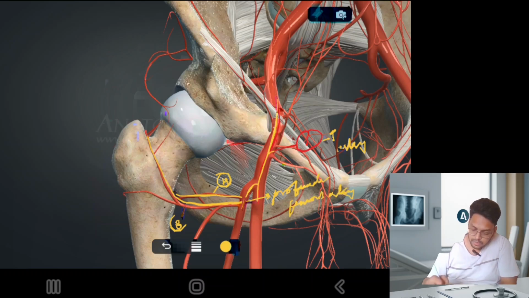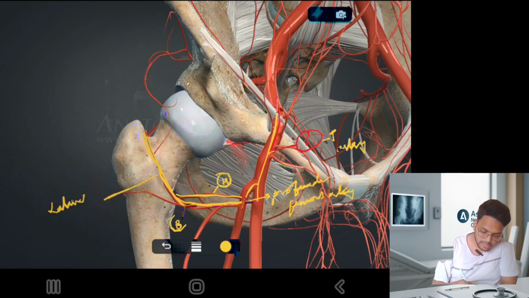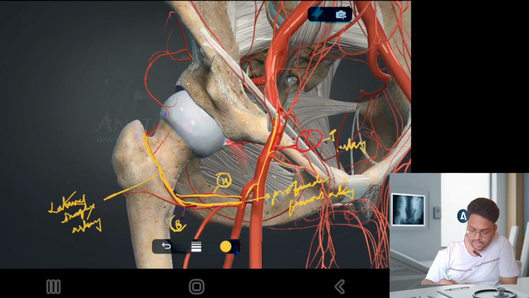From the profunda femoris artery, in a reverse direction, there are two branches coming out. One is over the lateral aspect of the femur, that is called the lateral circumflex artery, and another artery that is going towards the medial side.